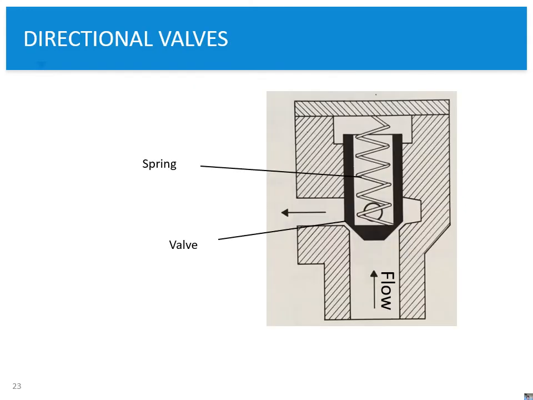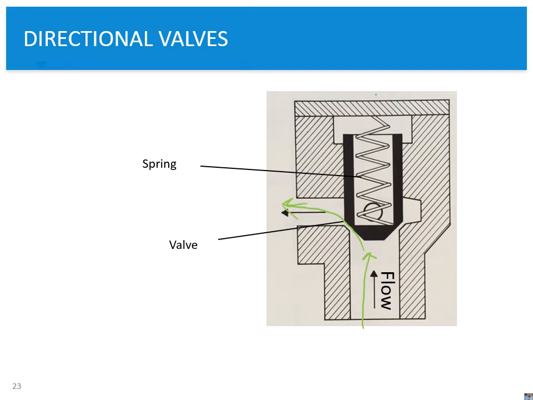These are directional valves, and these valves only allow flow to go in one way. So flow is coming from some place. Now there's a spring over here, and when the pressure exerted by the flow is high enough, the valve cap will open, and flow can go through the opening and leave the cylinder.